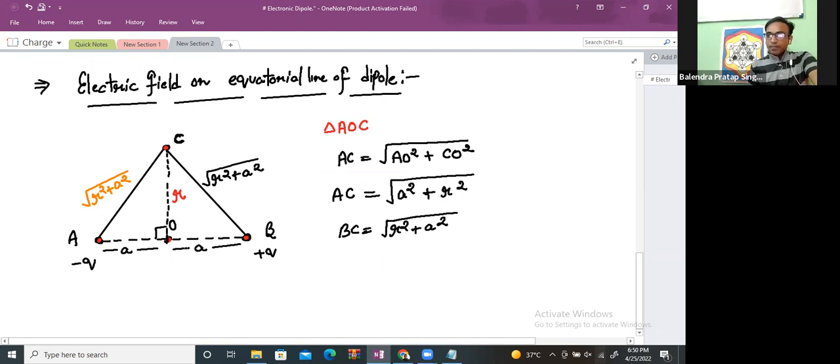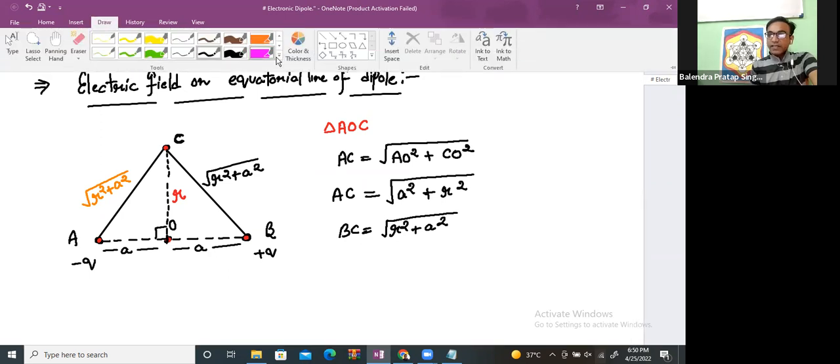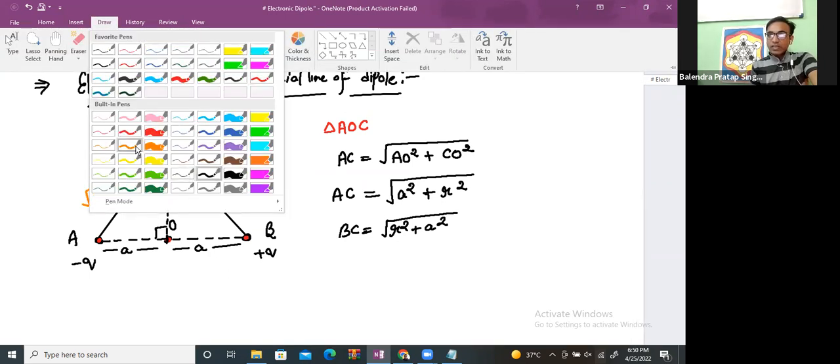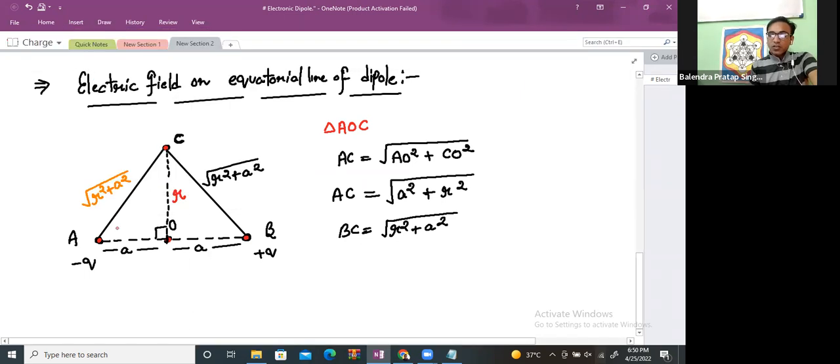Okay, so now we have done some geometry. Now the next part is the electric field. What is the direction of the electric field due to these two charges? Due to the negative charge, the electric field will be in this direction, E minus. Due to the positive charge, the direction of the electric field is somewhere like this, E plus.